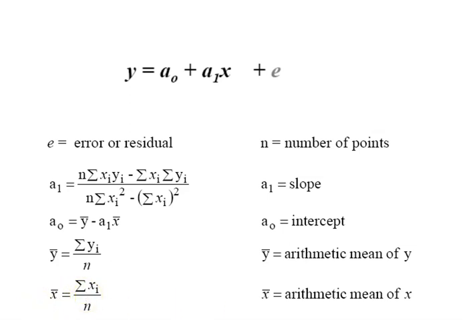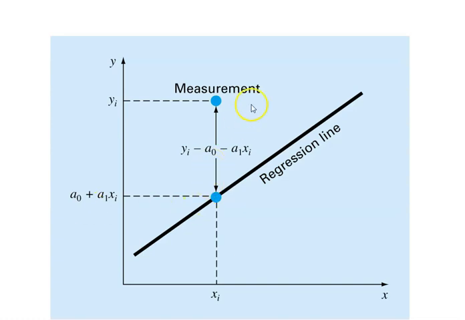Okay, moving on. This is just to show you the x bar here and the y-axis, and these are your measurement data, xi and yi, and this is your regression line. The regression line is actually the best fit that can represent your set of data.